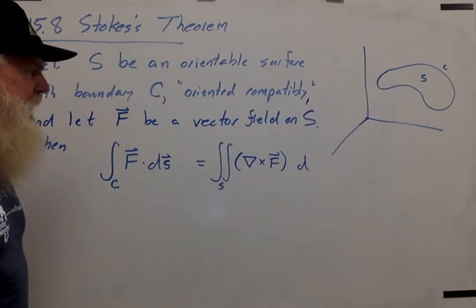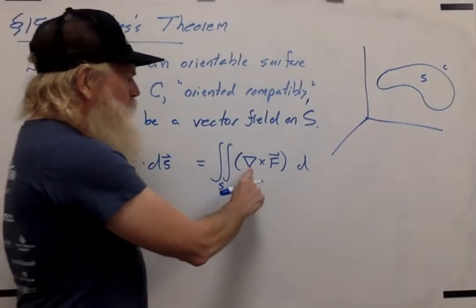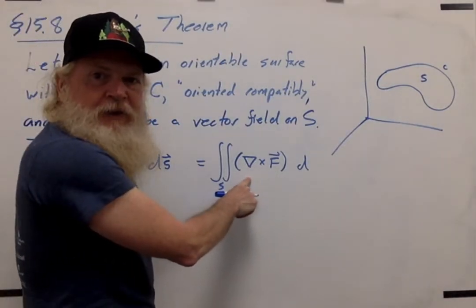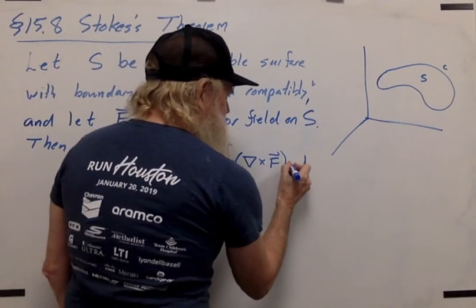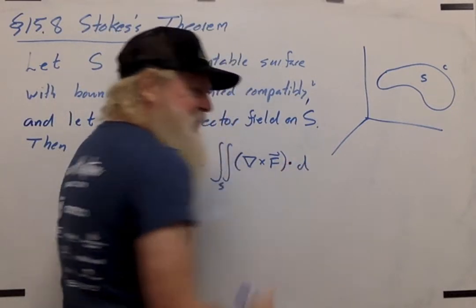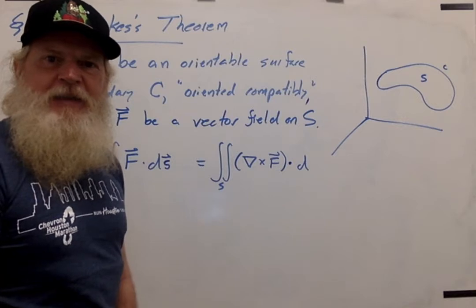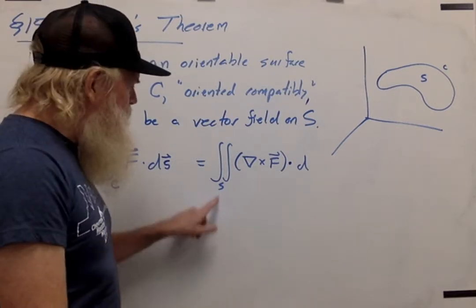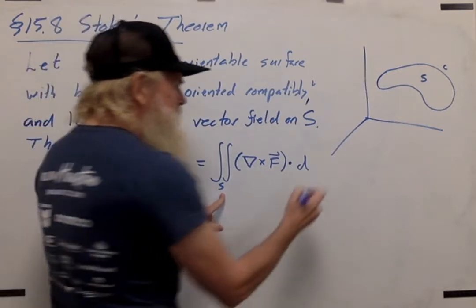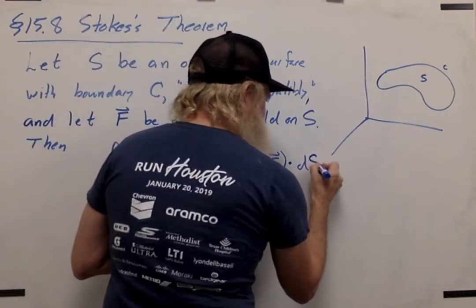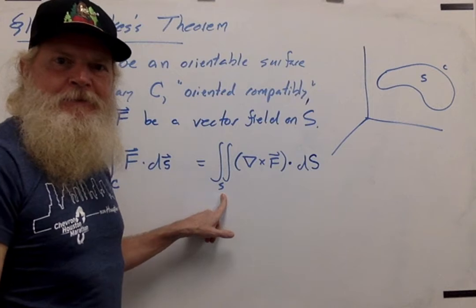Now let's look at the other side. When you take the curl of a vector field, that gives you another vector field. So there has to be a dot here in order for the right-hand side to make sense. Also, since I'm integrating over a surface, doing a double integral, this has to be a big ds.